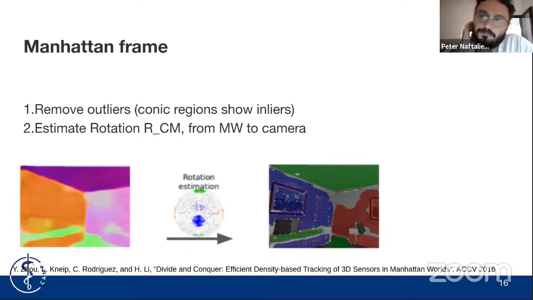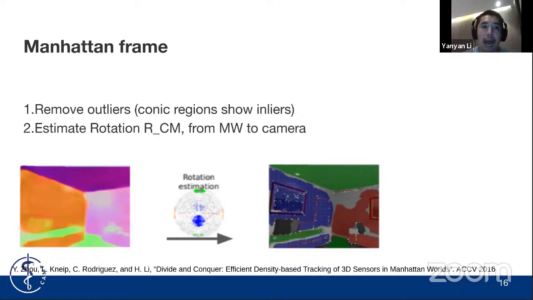So here we only have rotation, and if we have the Manhattan world and the world coordinate, we need to align them. How do we compute this rotation?